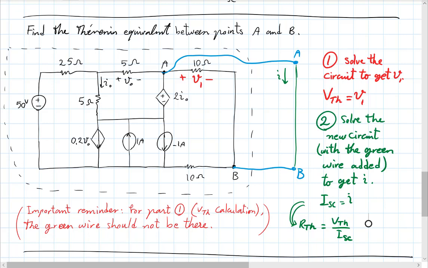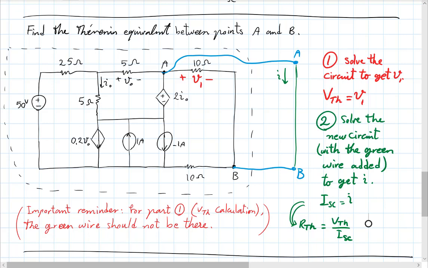In the first step, I just wanted to know what the voltage was between point A and B. Okay? The open circuit voltage, meaning the points A and B outside the box are not connected. That just happened to be, in this particular example, equal to the voltage across that 10 ohm resistor, which I've indicated as V1.